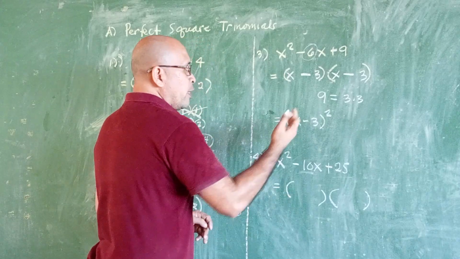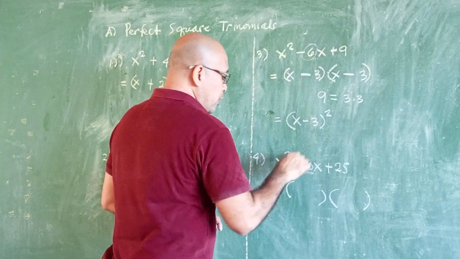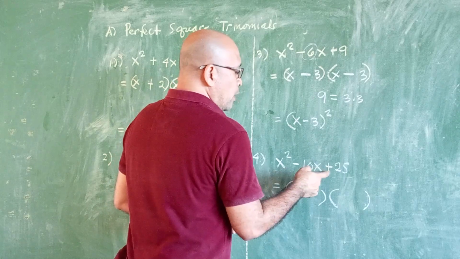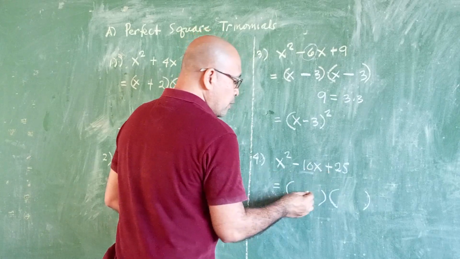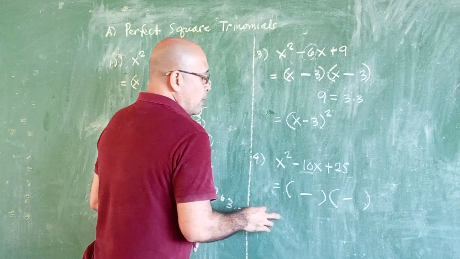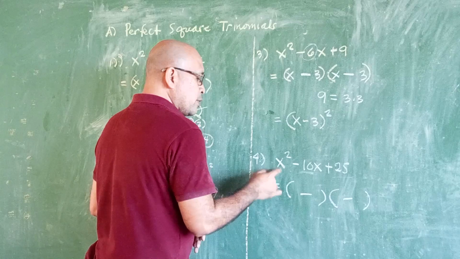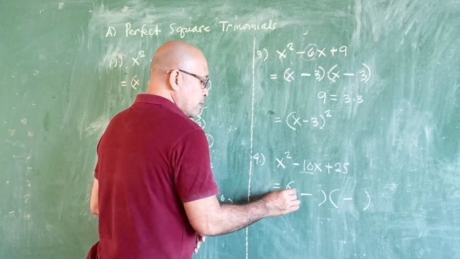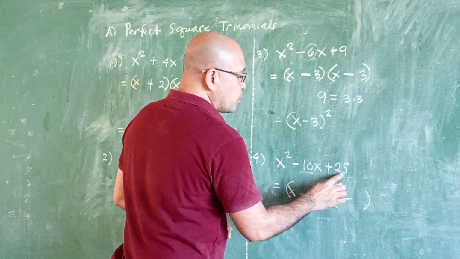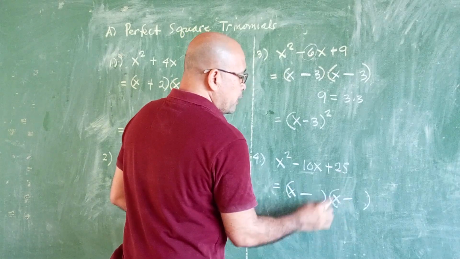So, again, the same technique. If the second term is minus and the last term is plus, all factors are minus. And distribute x in every quantity. Okay. And the factors of 25, the same.